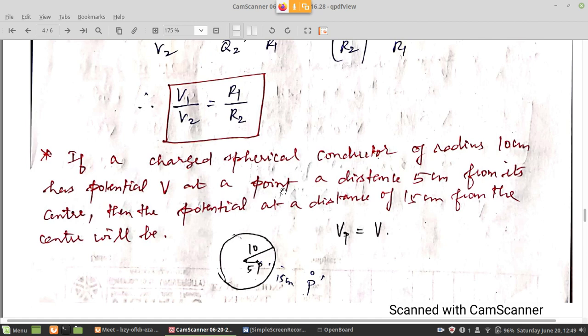At a point P at a distance 5 cm, the potential is given as capital V. Now what is the potential at a point P prime, which is 15 cm from the center? Let us take that as Vp prime. How will you work out Vp prime in terms of V?